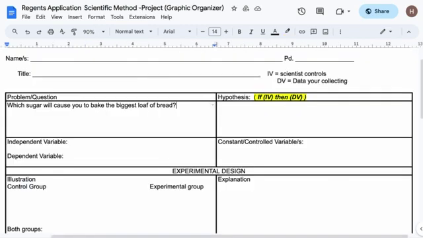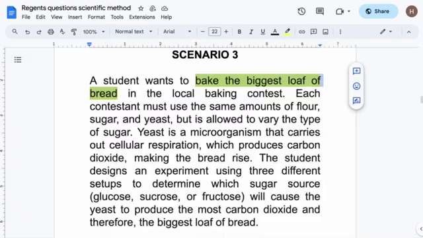Now we want to have a hypothesis. If, then. So for our hypothesis, we can start by picking any one of them, really. We're scientists. We're going to pick one variable at a time. We can say, I think I'm going to try the glucose first, or I think I'm going to try the sucrose first, or the fructose.